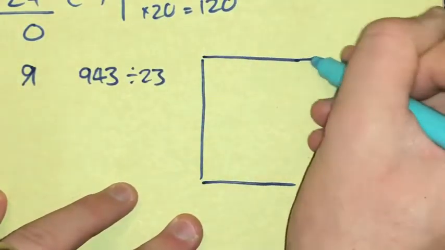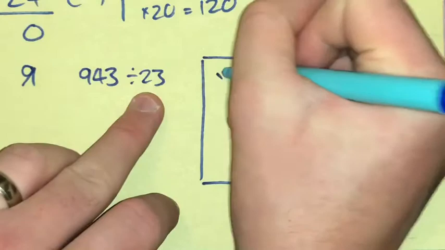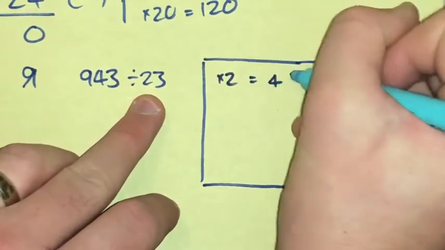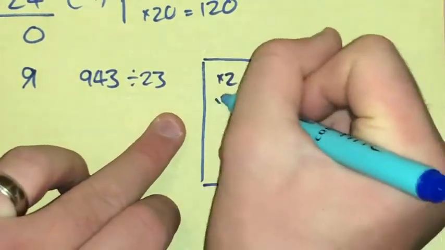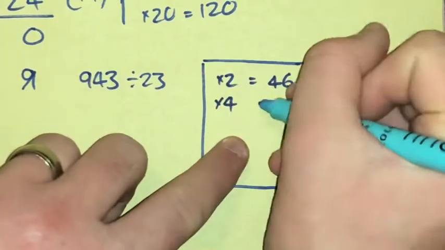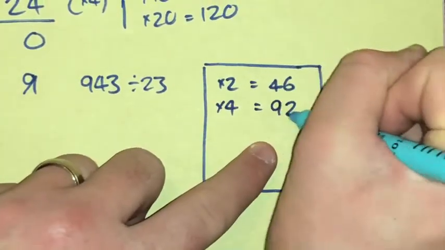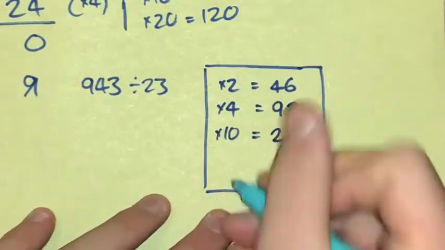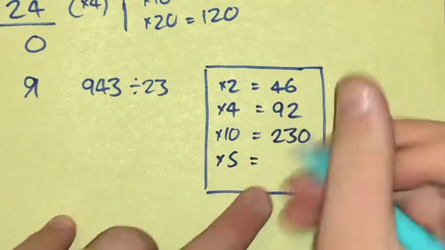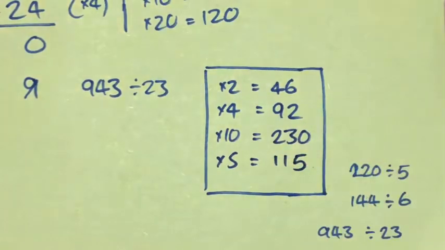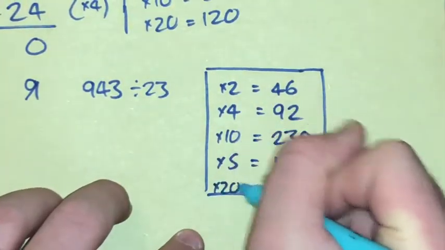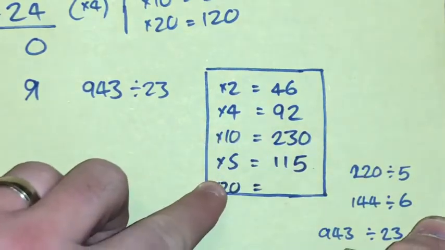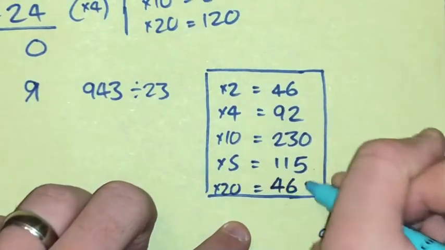Okay, so 2 lots of 23 is 46. 4 lots, which is double that, so I need to double that, is going to be 92. 10 lots is that times 10, which is 230. 5 lots is half of that, so that's 115. And then I could do 20 lots as well, which is double the 10 lots, which is 460.